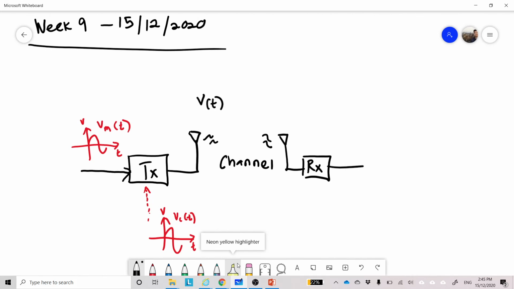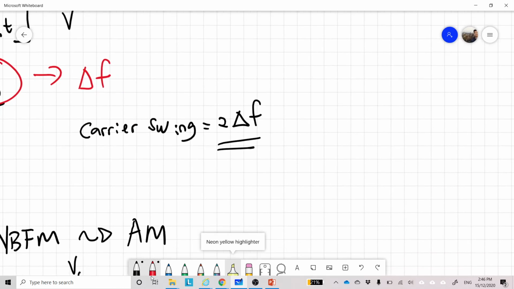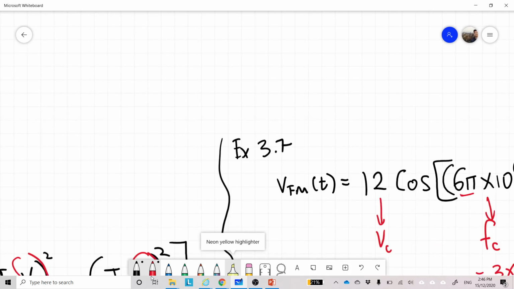The transmitter will send the signal to the antenna, and the antenna resistance in this case R is equal to 10 ohm. Dalam case ini the power is dissipated in the antenna. So how to calculate this?